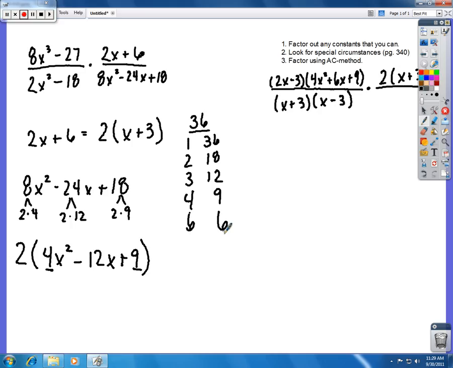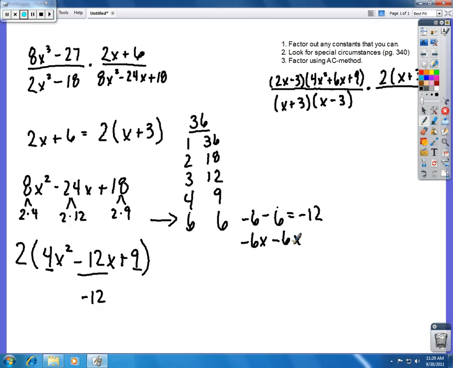Okay. And then you're going to ask yourself, which pair of these factors can I combine in such a way to get B, which is negative 12? Well, if we look at this last one here, if I do negative 6 minus 6, that would give me a negative 12. So I'm going to break up this B term into minus 6x minus 6x.